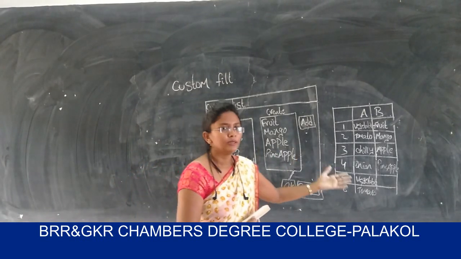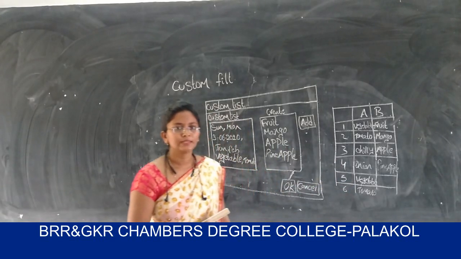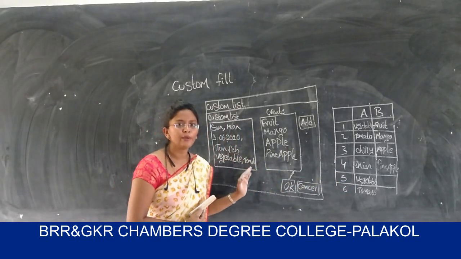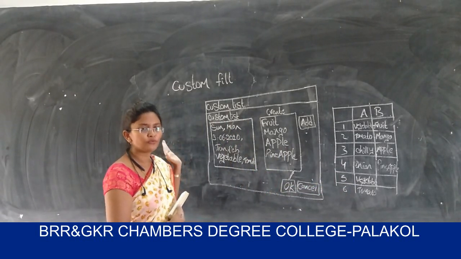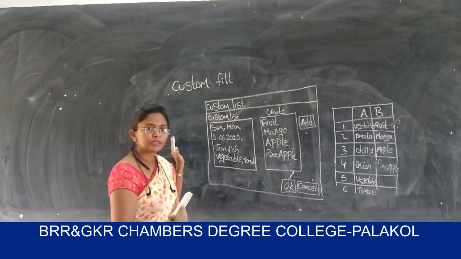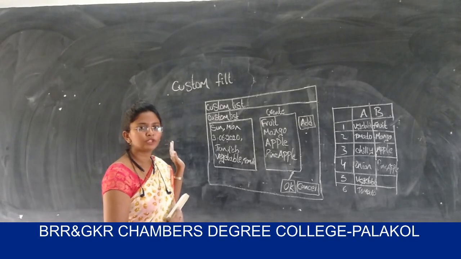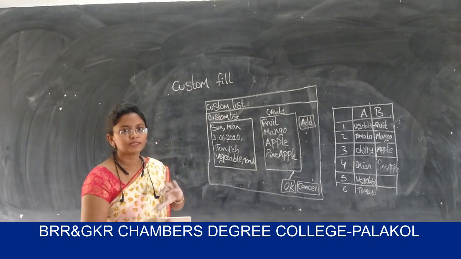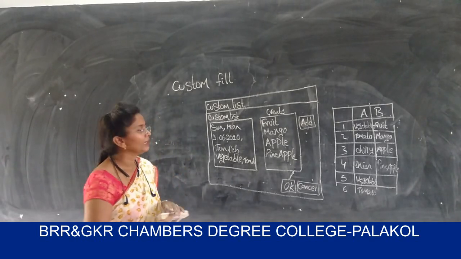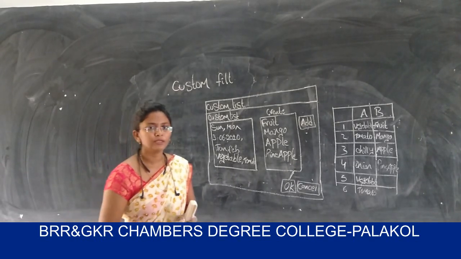Then only the list will appear on the Excel sheet. For a custom list you have to add entries in the custom list dialog box. For autofill, select that list and drag towards the downward direction, and then it automatically fills the next series. This is the custom fill and autofill feature in the Excel sheet.